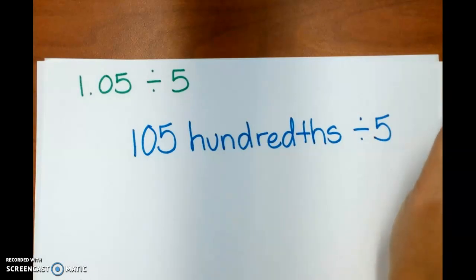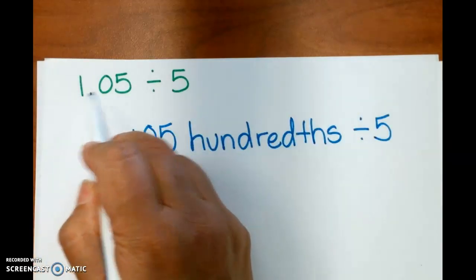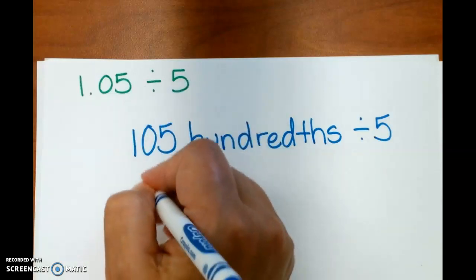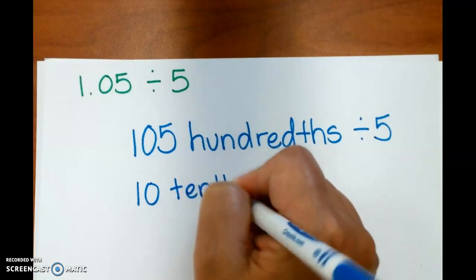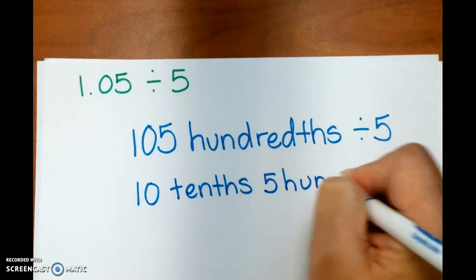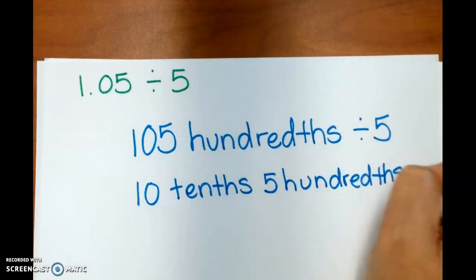Now, how else can I rename 1 and 5/100? I can also say that it's 10/10 and 5/100. Which one do you think is going to be easier to divide?